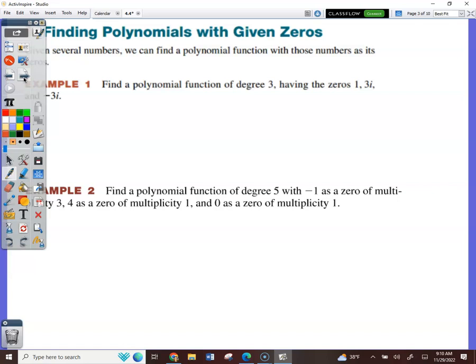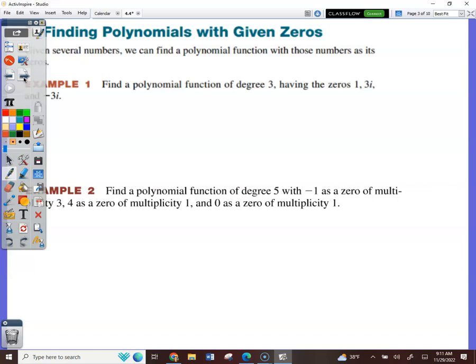This is the reverse. I'm saying, here are the zeros. Can you tell me what possible polynomial it came from? Now, you can't nail down the exact one because it could have some leading number in the front that you don't know. But you can do what's called a generic form, okay?